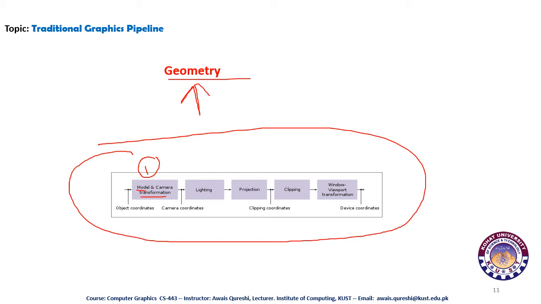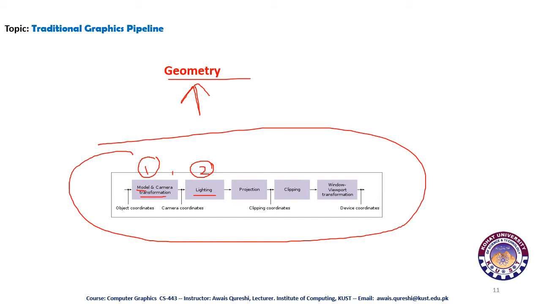And after that there is a concept which is called the lighting concept, because we cannot see a 3D object or a 2D object without the lighting scheme. So lighting is a very important factor, and it is considered in rendering. When the scene is going to be rendered on the screen, the lighting factor contributes a lot.